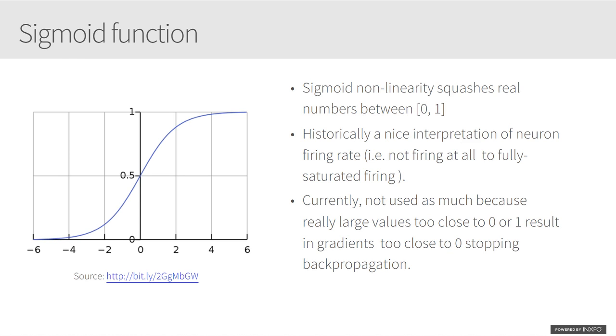Remember, if the value is either at 0 or 1, the gradient itself becomes 0, and it actually stops backpropagation. So you can't really learn much, right? If the values are too high, the errors can't go backwards in time, and so you can't adjust the model, and the model can't improve itself. Okay, so that's the reason why we don't use the sigmoid function nearly as much as we used to.